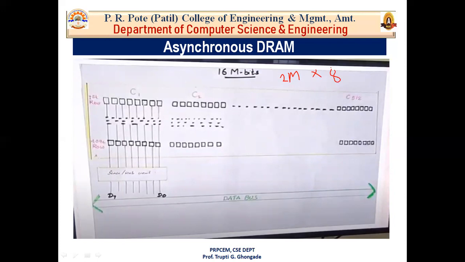So this is the 16 megabit cell DRAM. It has these many rows and these many columns, and all these cells are connected to a sense/write circuit.